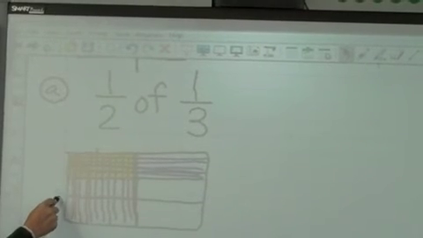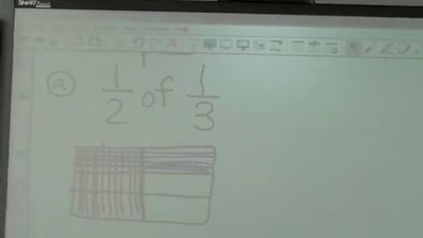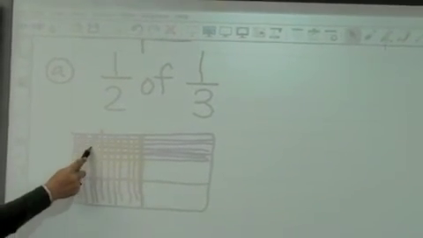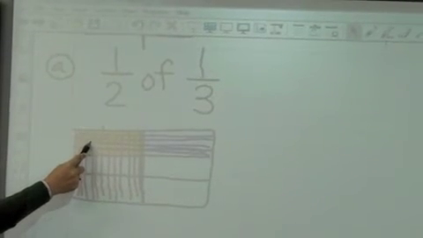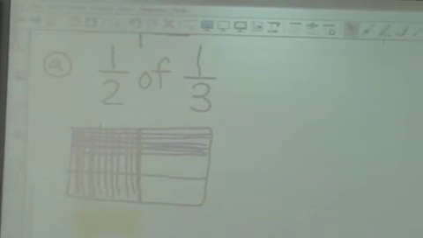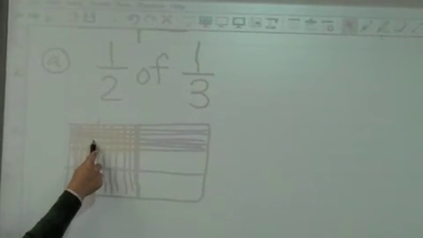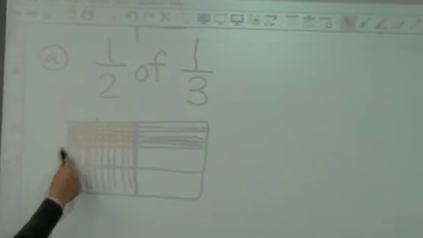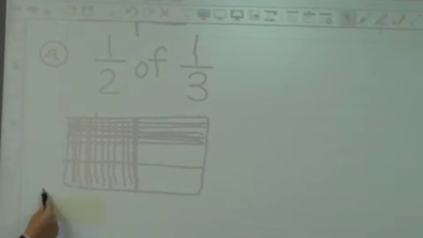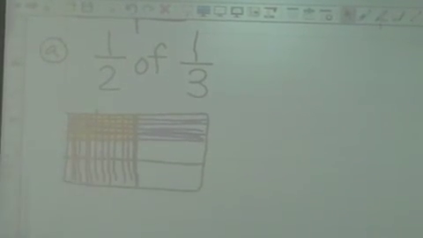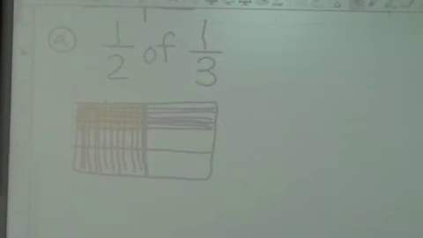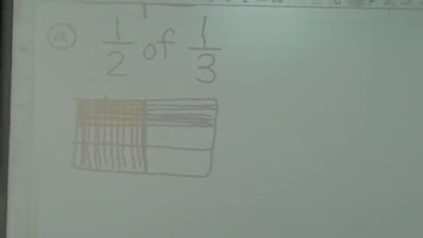Alright, track the yellow piece. This is the intersection of the half and the third. So what is the value of just this yellow piece? What is half of my third? Tell your table what you think.